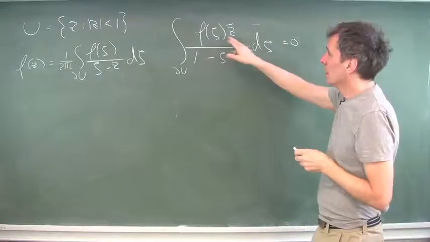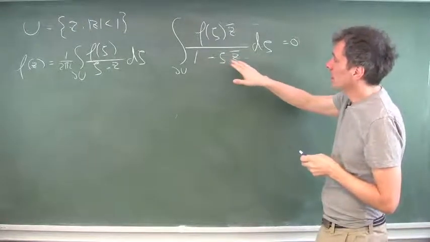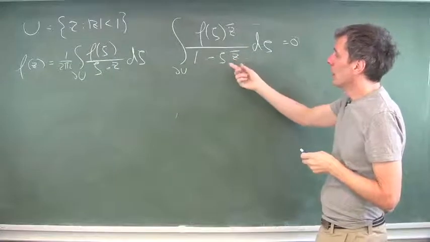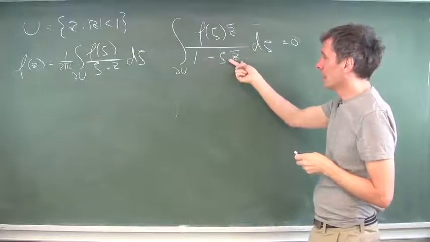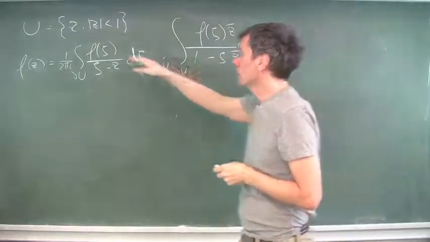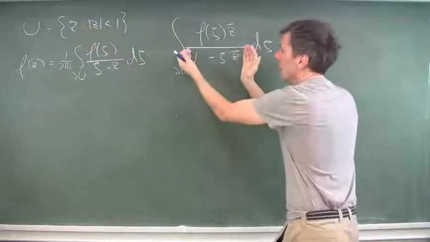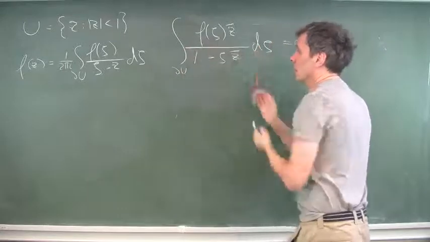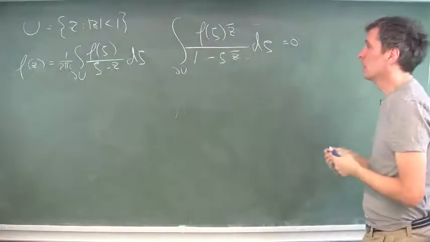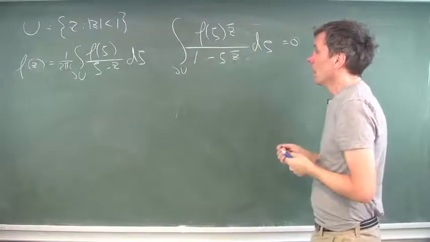This, of course, is true as long as the absolute value of z is less than 1, as it is in the unit disk, because then this function here will have no pole in the unit disk.